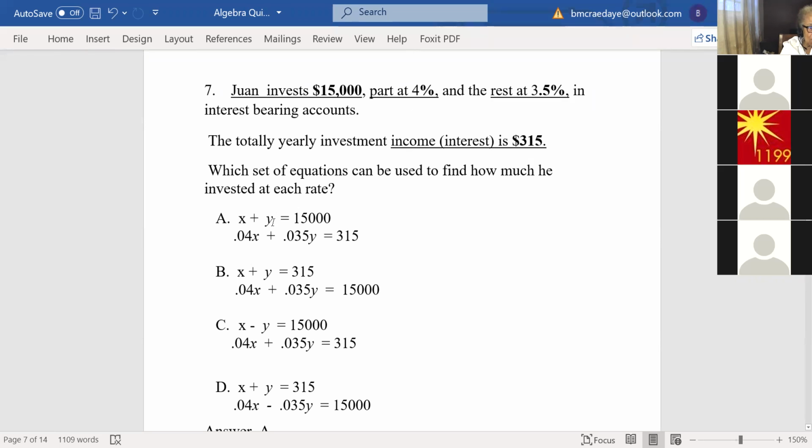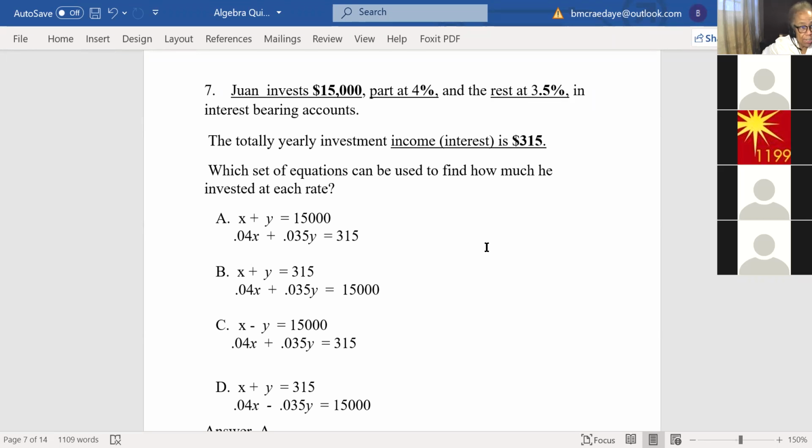So X plus Y is 15,000. The interest would be the percent times the amount invested for each percent, and 315 would be the total interest. I'm not sure if these figures are supposed to give you the right answer.